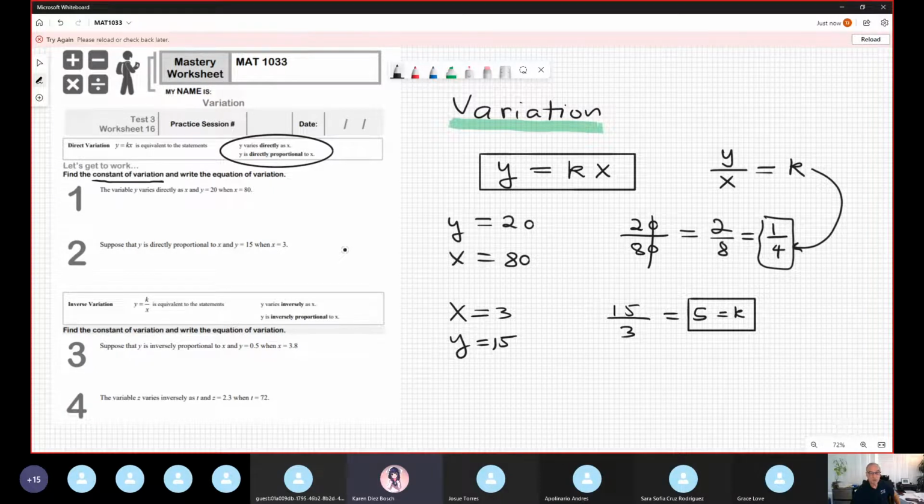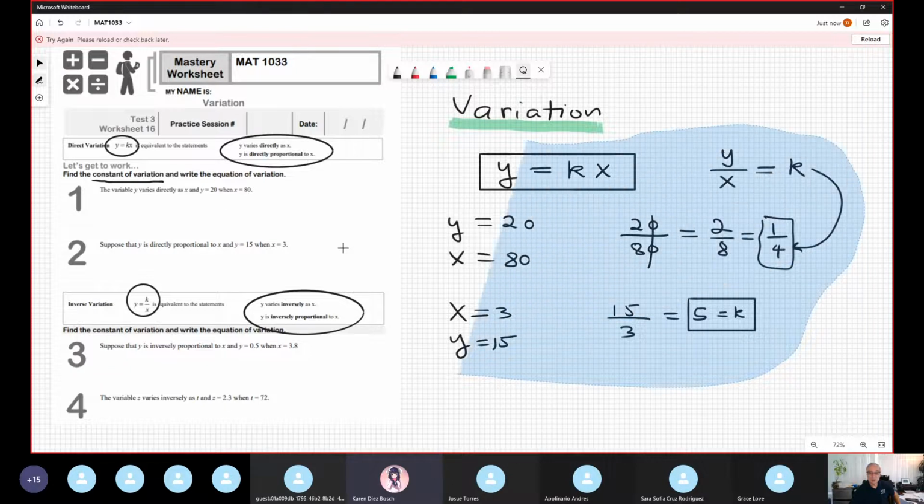It's easy. But we have another kind of variation: inversely proportional. What is the formula? This is the formula for direct variation, and this is the formula for inversely proportional.